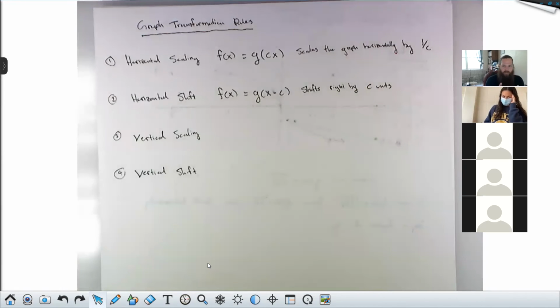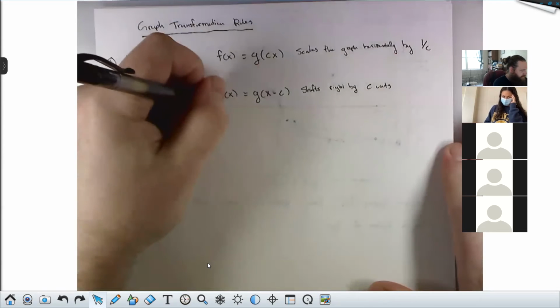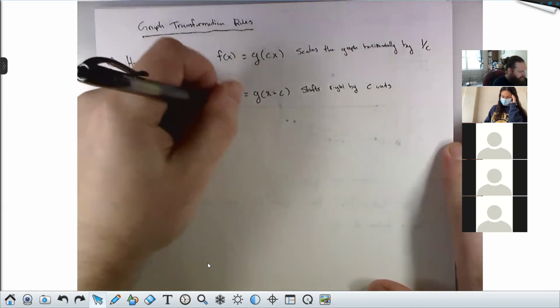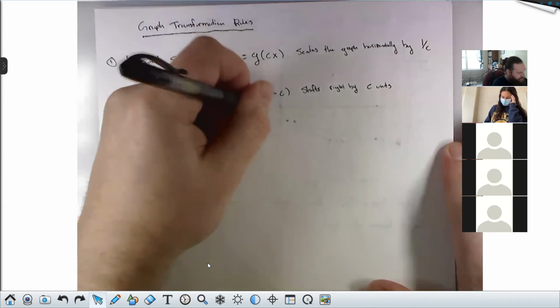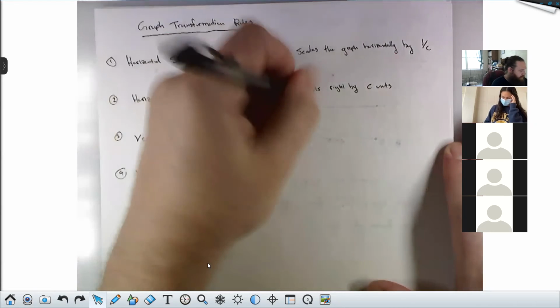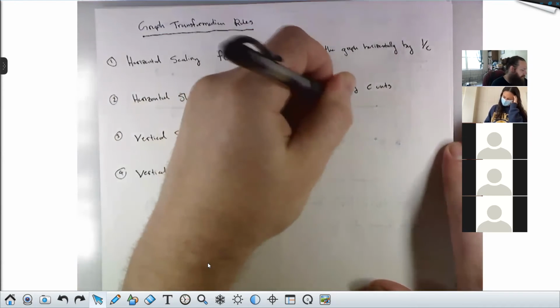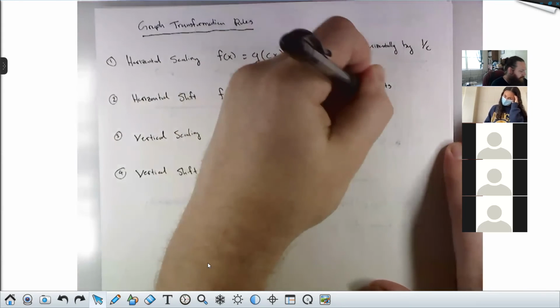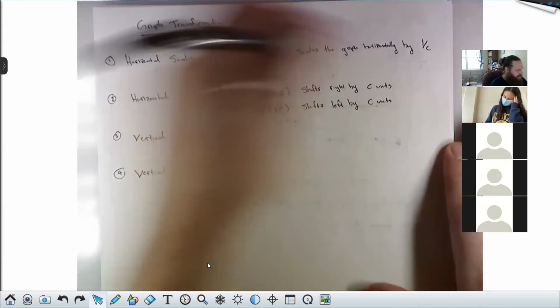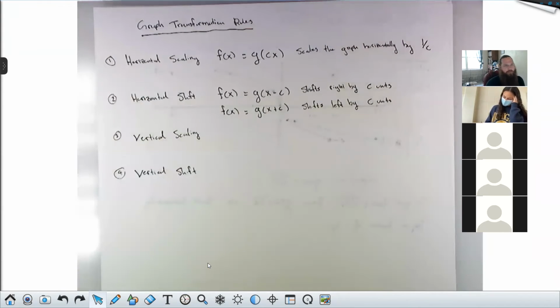And if c is negative, that's like x plus c on the inside, then you're going to the left. That shifts left by c units. I'm assuming c is positive when we write it like this.